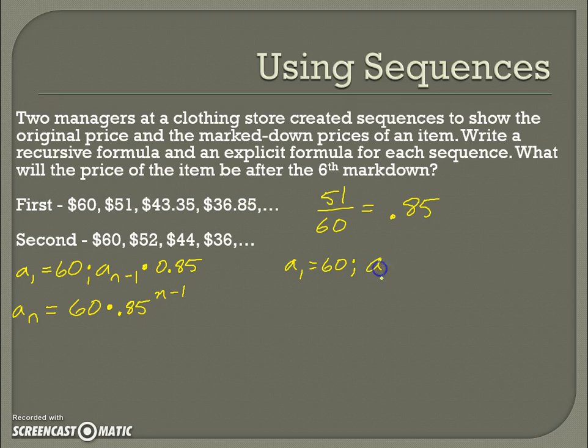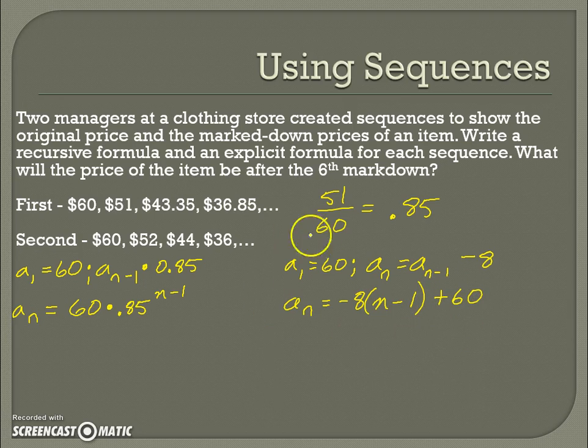And then I have A of n equals A of n minus 1, and then this is minus 8 each time. To write that as an explicit formula, it's going to be A of n equals negative 8 times n minus 1 plus my initial value of 60.